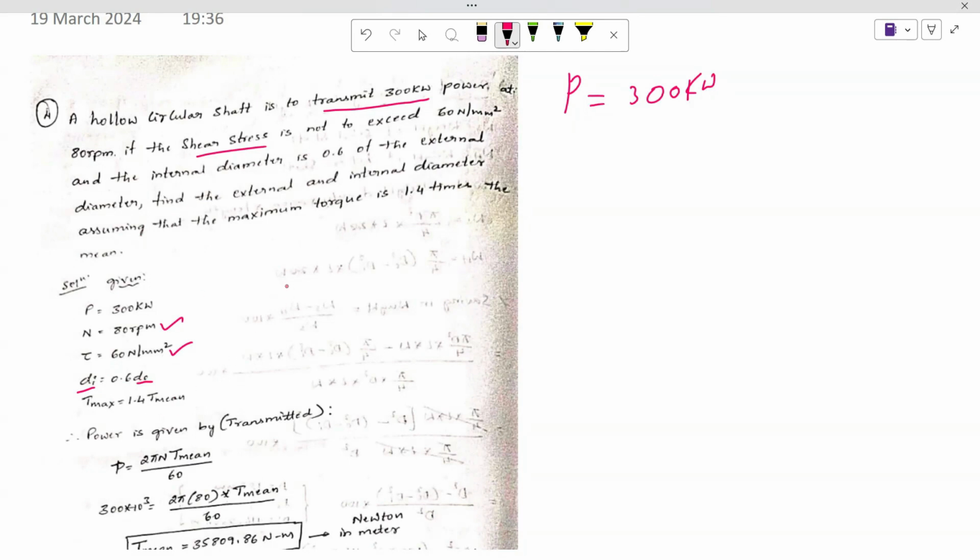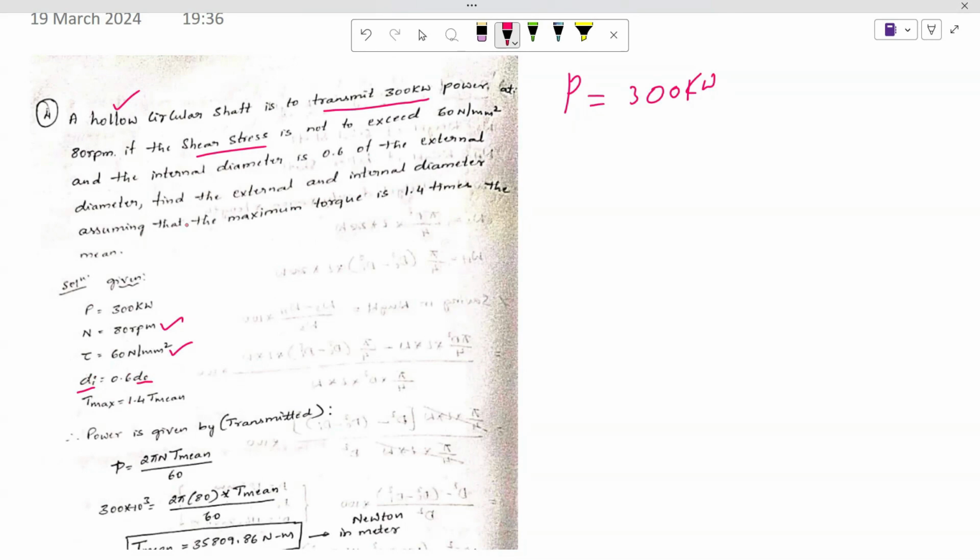Next, you need to find the external and internal diameter, outside diameter and inside diameter, because it is a hollow circular shaft problem. Hollow means you will have both external as well as internal diameter, di and d naught. It may be small di or capital Di, depending; nothing wrong if you use capital Di also.